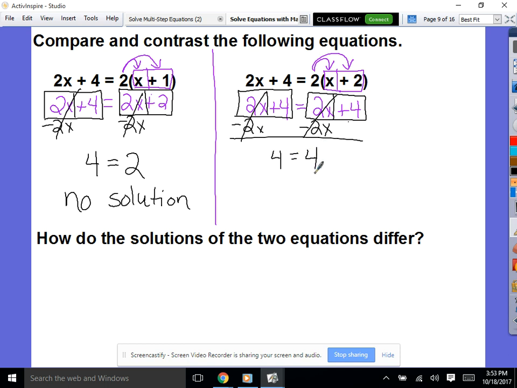If you realize that this equation is the same at this step, 2x plus 4 equals 2x plus 4, then that tells you that no matter what value you substitute for x, it is going to satisfy that equation. So this equation has infinitely many solutions.